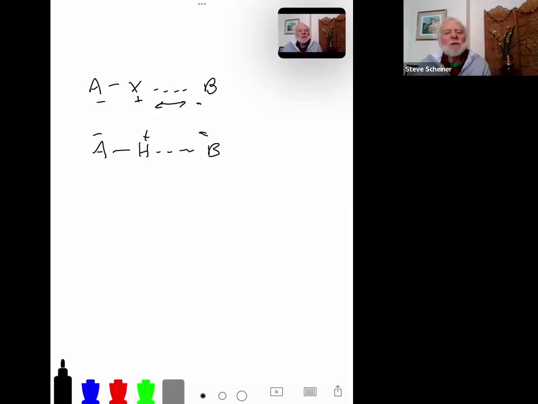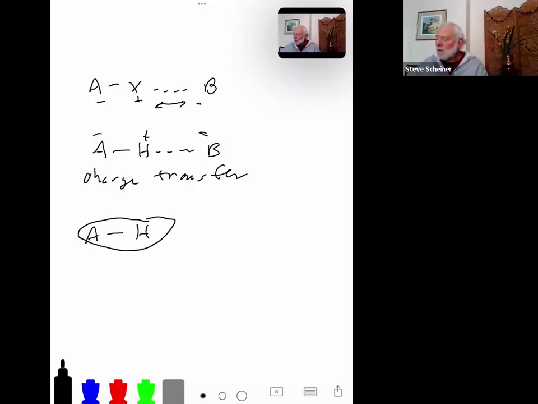There's also a charge transfer component to that. And the way that works is, I don't know how much chemistry you guys may remember, but there's an AH bonding orbital that looks like that. There's also an anti-bonding orbital that looks like that. So this would be sigma, and that's anti-bonding.